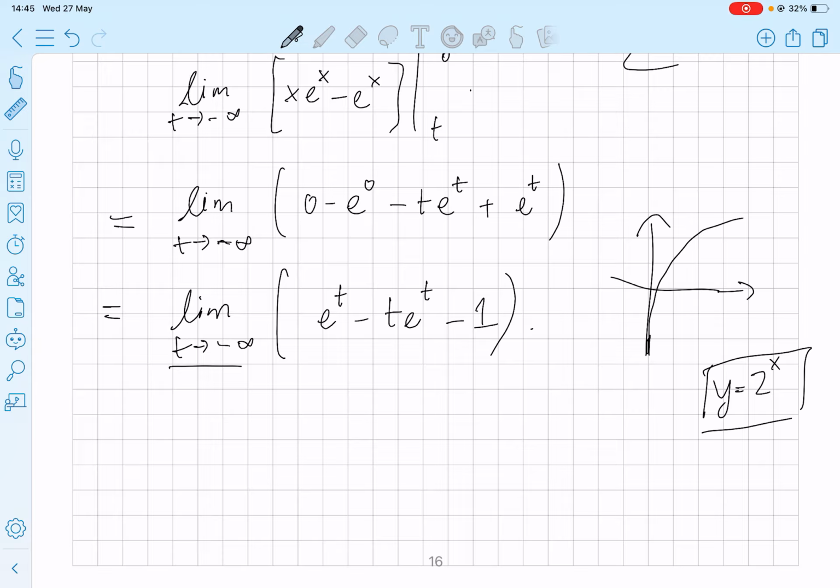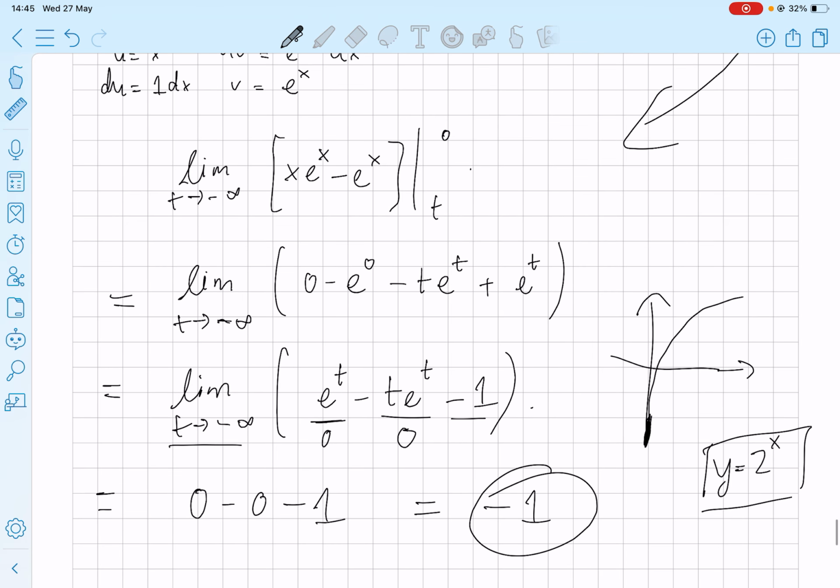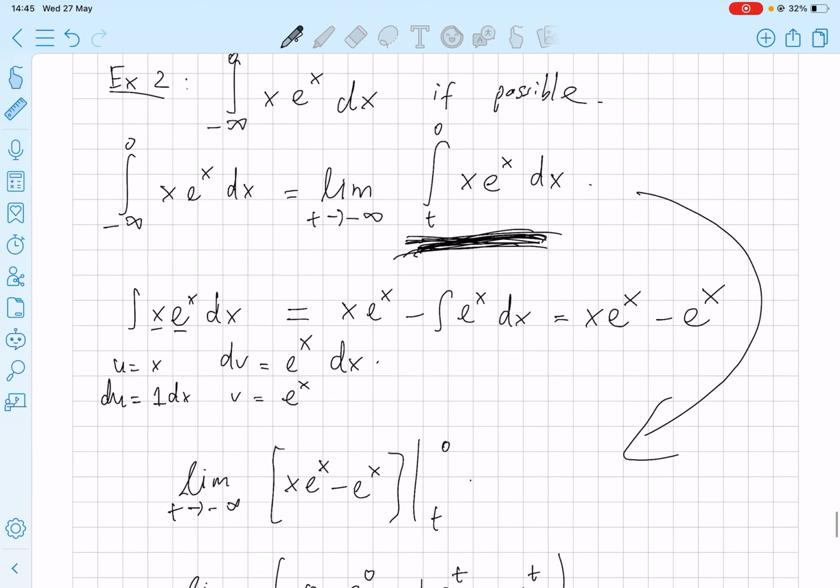When t approaches negative infinity, the value gets closer and closer to 0. So this one is 0, this one is 0, this one also 0, and this is minus 1, and the final answer is minus 1. Overall the answer is minus 1.